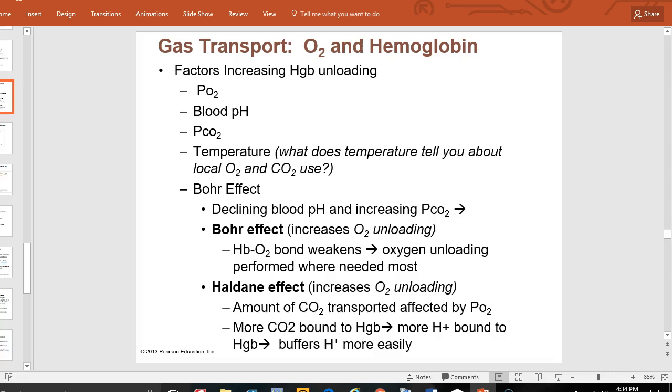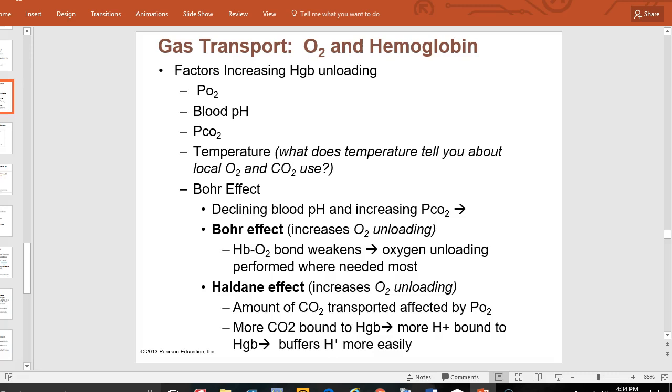So there's a few factors that are really important in determining hemoglobin unloading, or what's also called oxygen saturation or hemoglobin saturation. Hemoglobin unloading means that hemoglobin is releasing oxygen from heme.